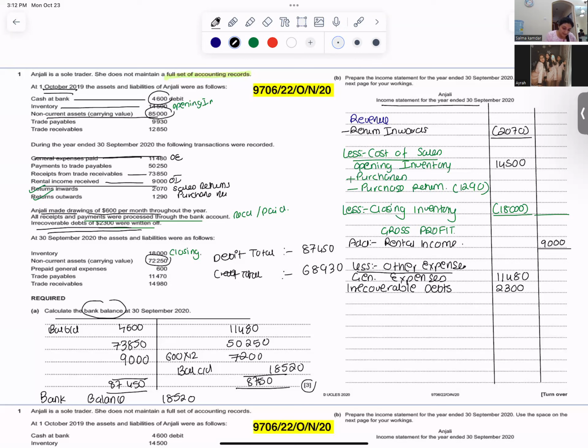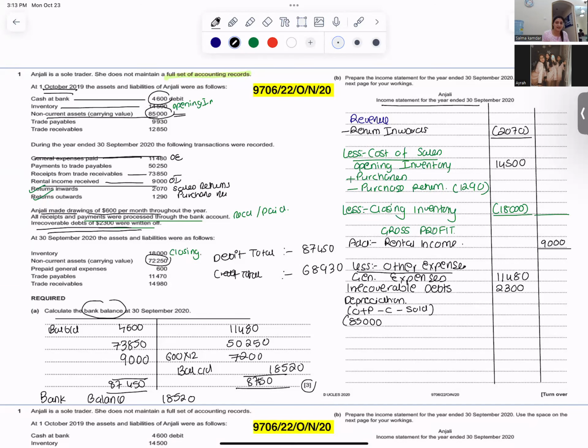So that means I have depreciation: opening minus closing. It is opening plus purchases minus closing minus sold. So opening is 85,000. Is any of it sold? It's not sold, and there are no purchases. I will follow this formula.